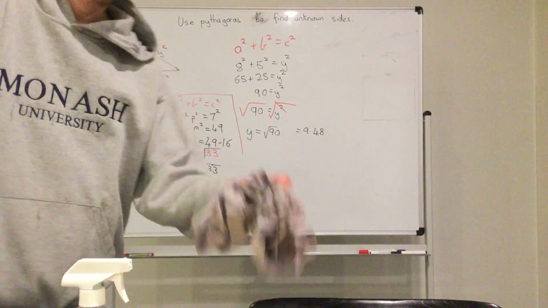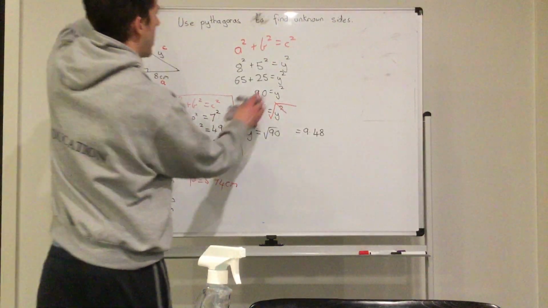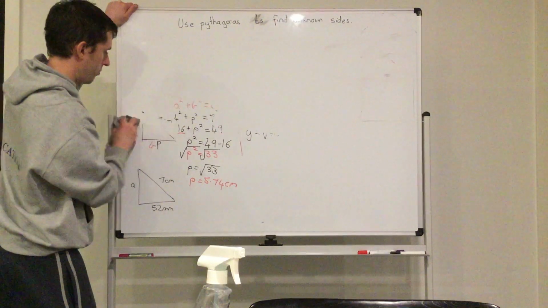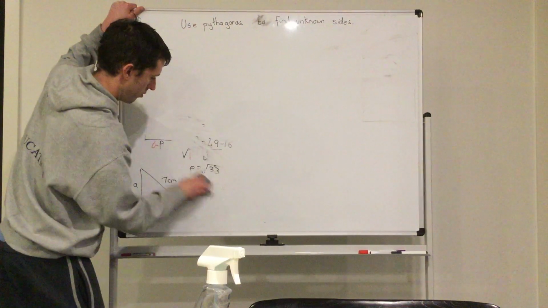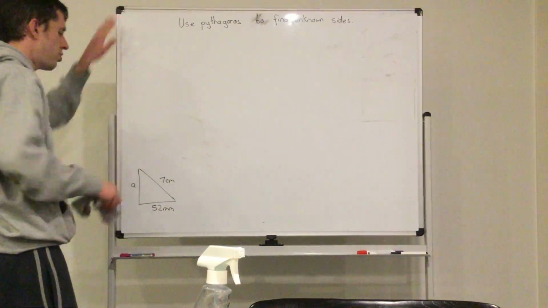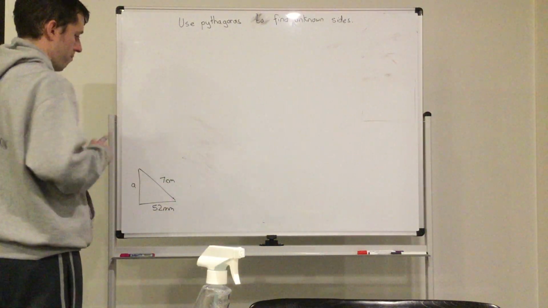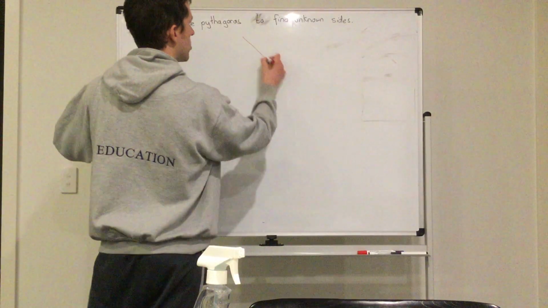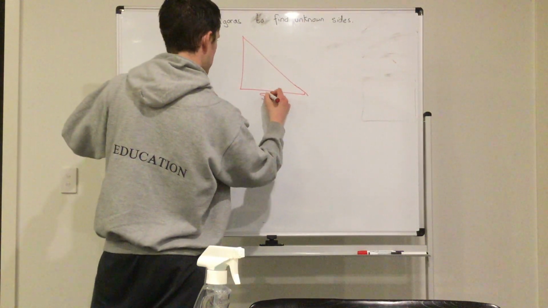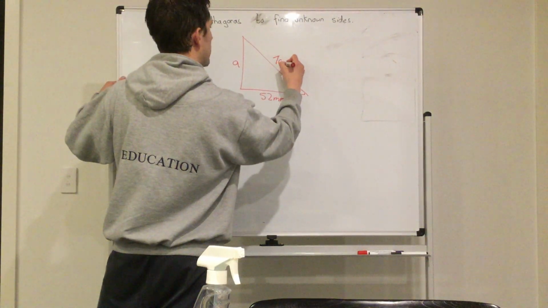Well, we're going to do one more. This is a bit more challenging one. So let me rub this off so I've got some extra space. Okay, so I've got a triangle down here, and I'm actually going to draw it bigger, just so you can see at home. 52 millimeters, A, and 7 centimeters.